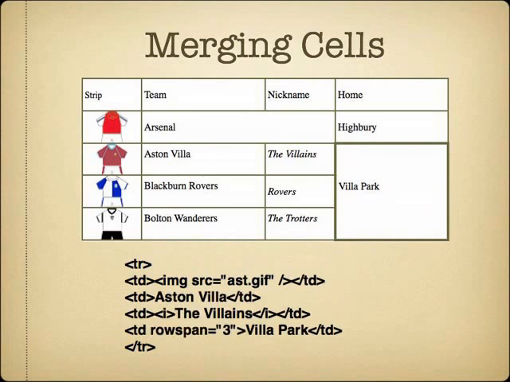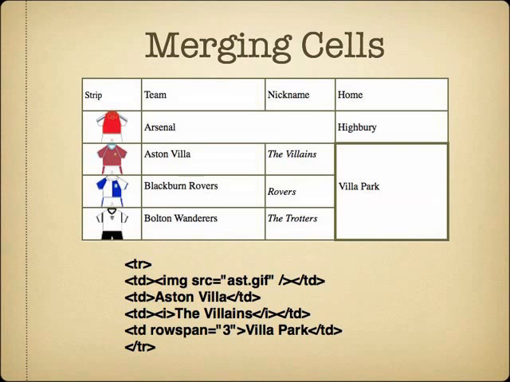Now, in the last column here, the bottom 3 cells can be merged together into one larger cell. We do this using the rowspan attribute of the TD tag. So here for row 3, we begin with TR, we have TD to begin the first data cell, we have the image tag, and then we have /TD to close it off.